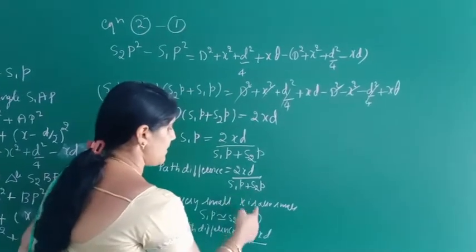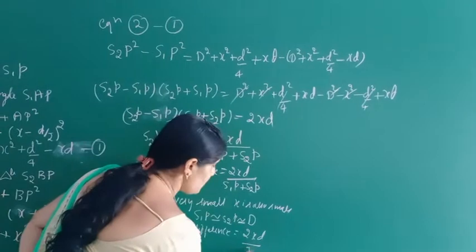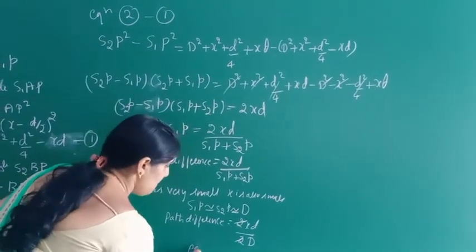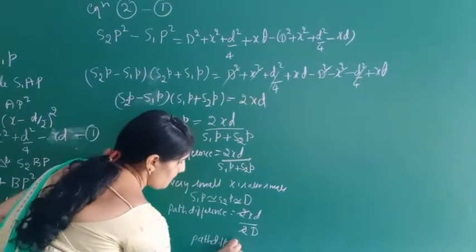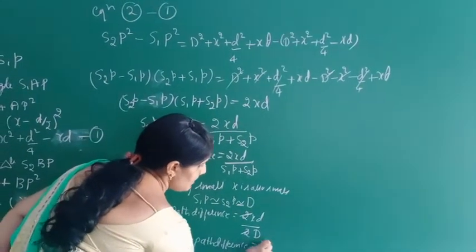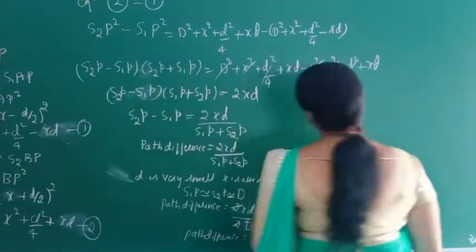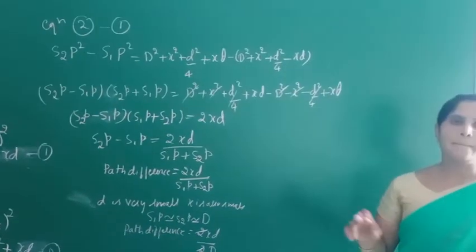Sorry, S1P is D and S2P is approximately D, so D plus D becomes 2D. The 2 cancels. The remaining path difference is xd by D.